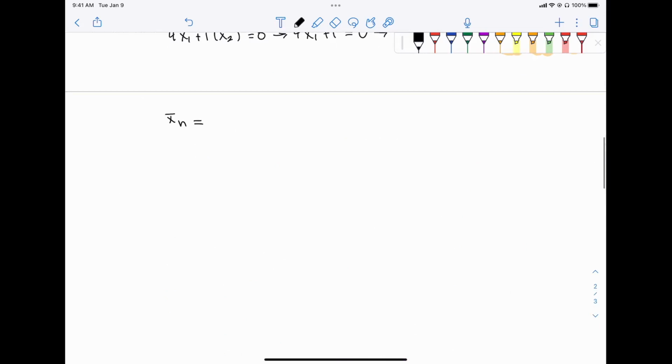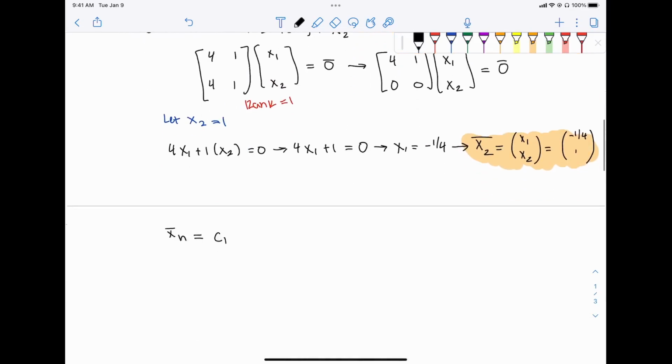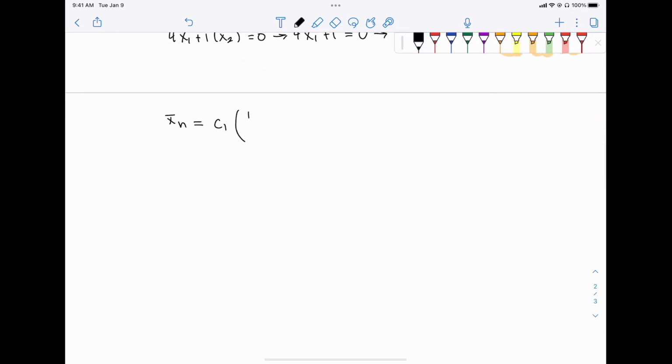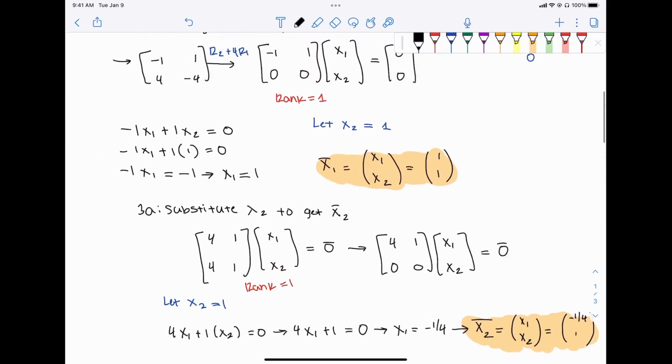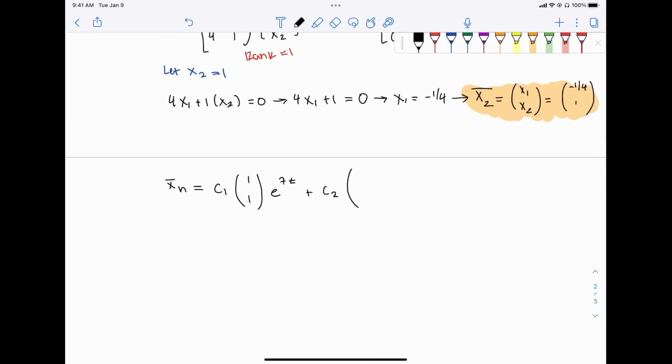Okay, so x sub h is going to equal C1 times x1, which is simply just 1, 1, multiplied by e to the lambda 1, which was 7, plus our second constant multiplied by our second eigenvector, multiplied by e to our second eigenvalue multiplied by t.